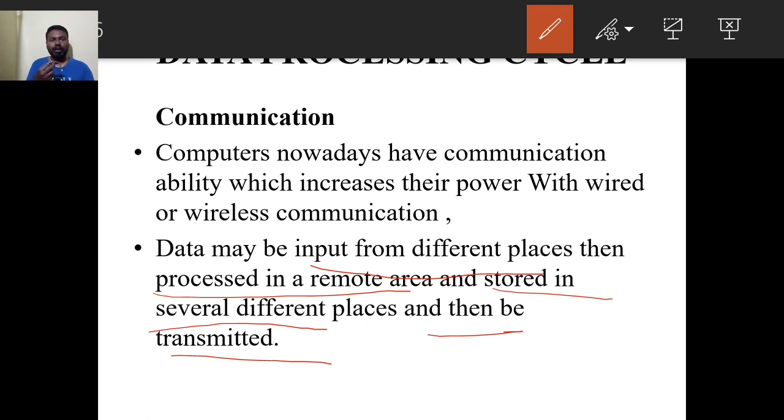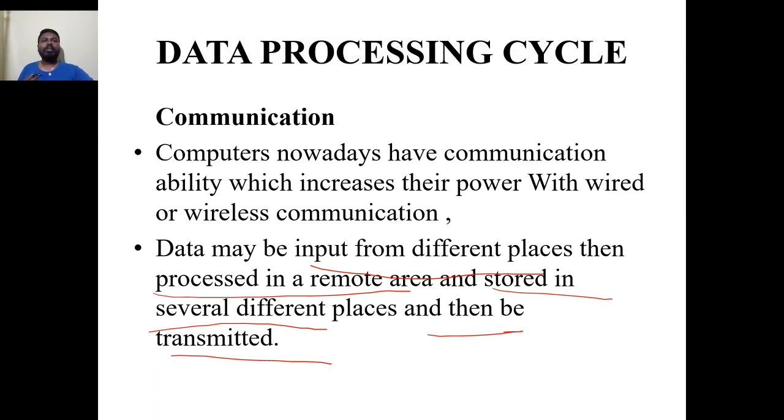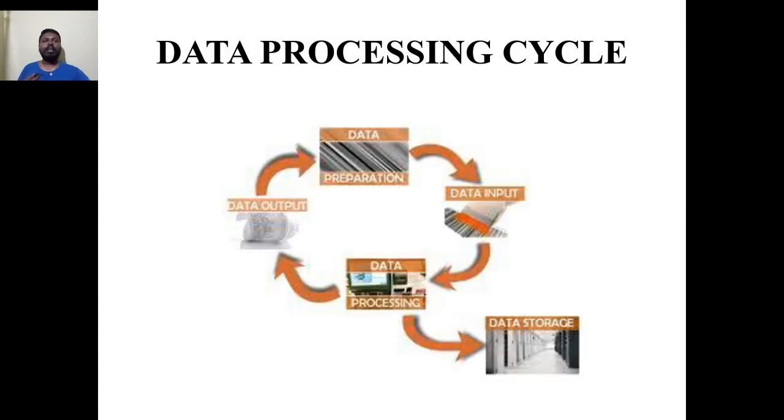So what is the main point here? All 5 stages are not necessarily done with only one system. They can be accessed remotely, which means in different places we can get the input, process and store the data, and transmit the data. So this is communication. These are all the 5 stages, and this diagram is important.